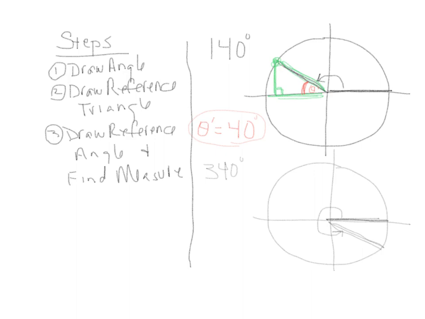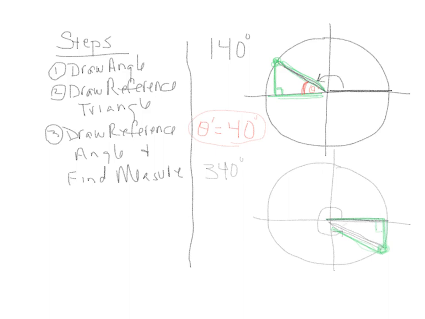Draw the reference triangle. Go from the end point of the terminal side. That is that point. Drop it perpendicular to the x-axis. That creates a triangle. You can darken in your triangle so you see exactly what you're looking at. There's the right angle.